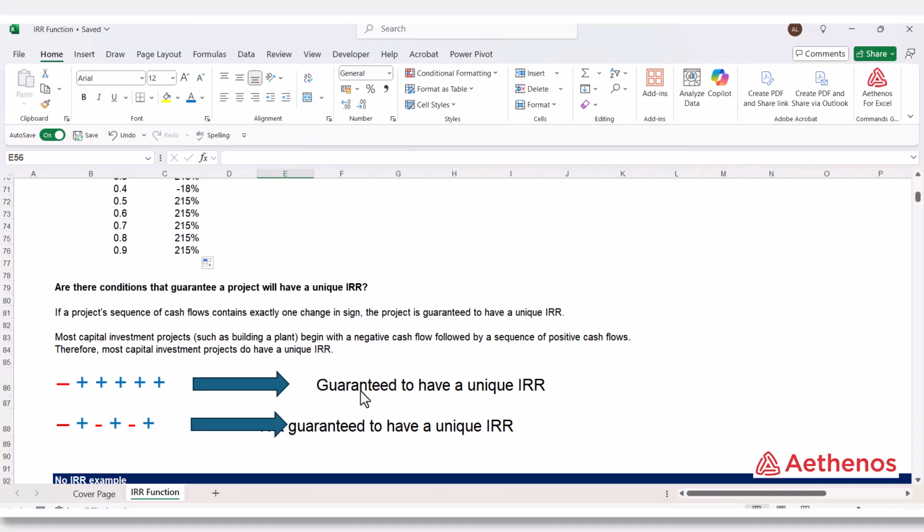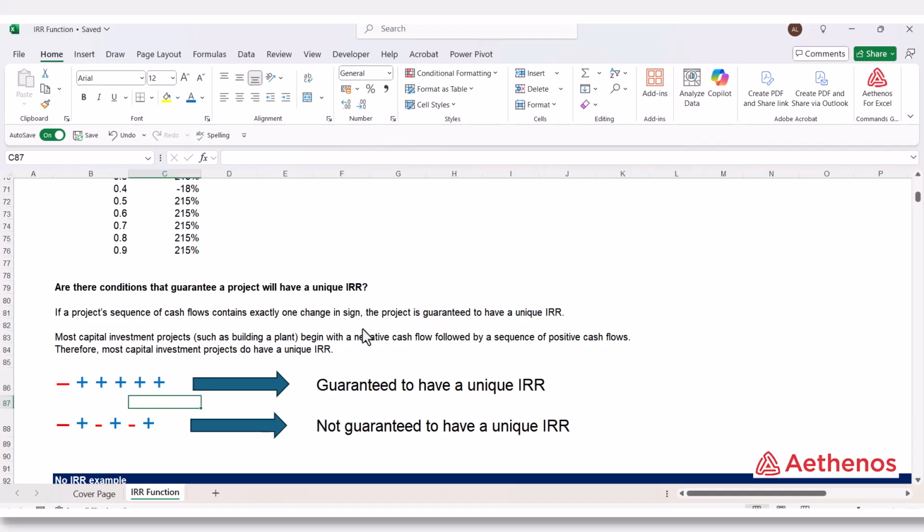So here, we can say there's a guaranteed unique IRR. Most of the time this works because most projects start with negative cash flows and then turn to positive cash flows and continue. So we can apply IRR to most projects for this reason.